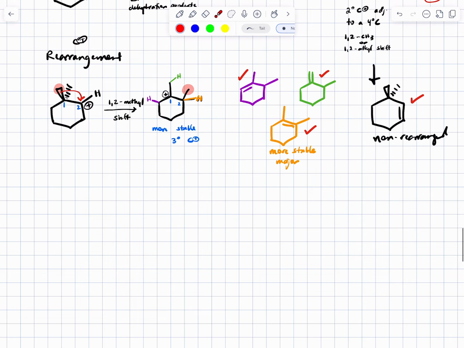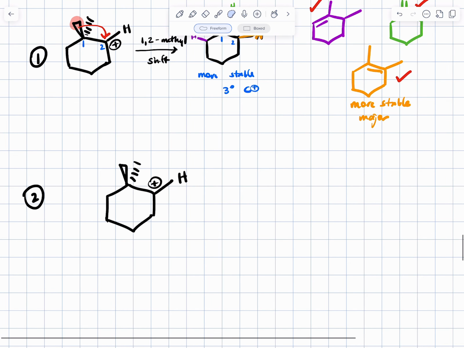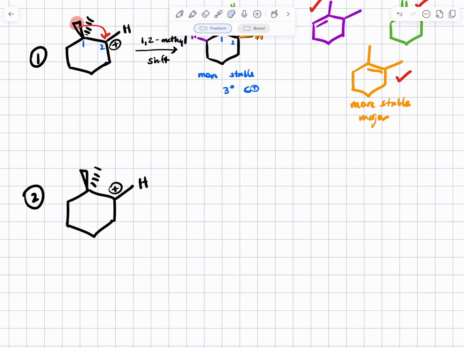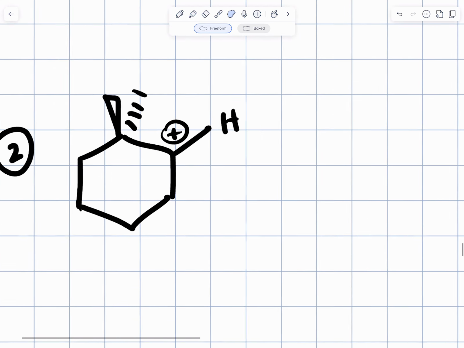Okay, so let's go back to the carbocationic intermediate because this was rearrangement 1. Now we're going to do rearrangement 2. And you'll see in retrospect that there's no reason that this can't happen. You just didn't know that it could happen.